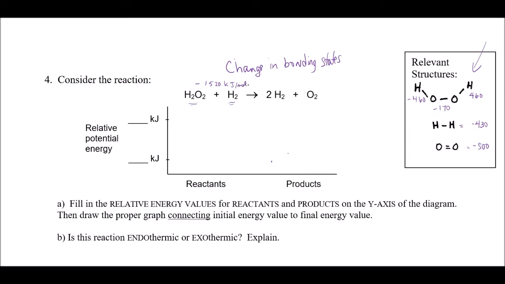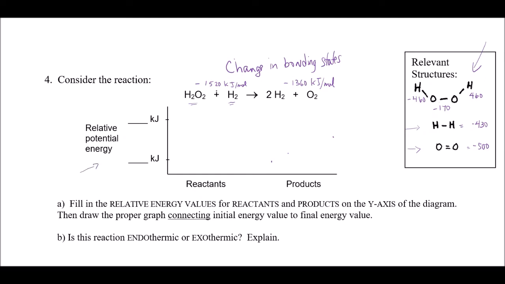That's the starting point. And how about the ending? That's 2 hydrogen molecules. So 2 of these right here, 2 of these, and 1 oxygen, 1 of these. You should see that's a total of 860 plus 500. We're ending at negative 1360 kilojoules per mole. All right. We can put those numbers into these spaces on the graph.